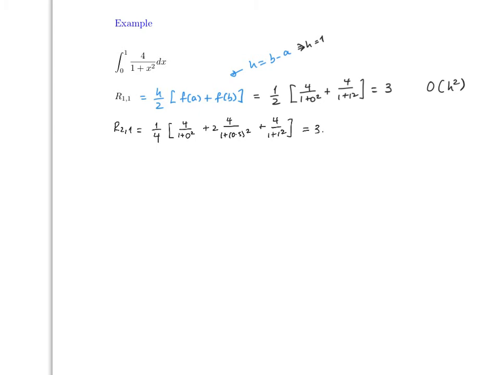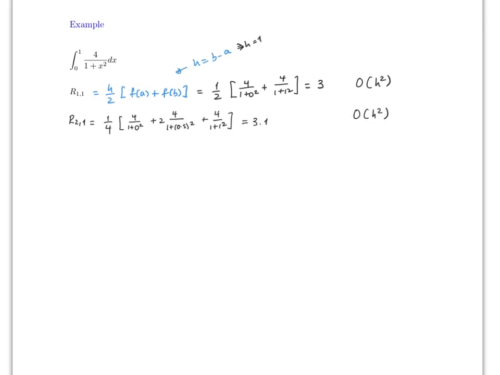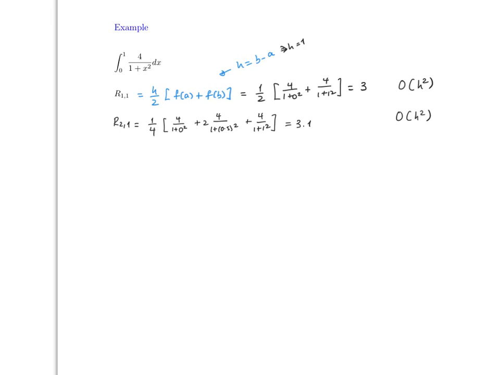And this is 3.1, and this one is also O of h squared. Now just keep in mind that the h for this one is slightly different. Remember, the h for this part is equal to 1/2, so that's why 1/2 of 1/2 gives you 1/4.